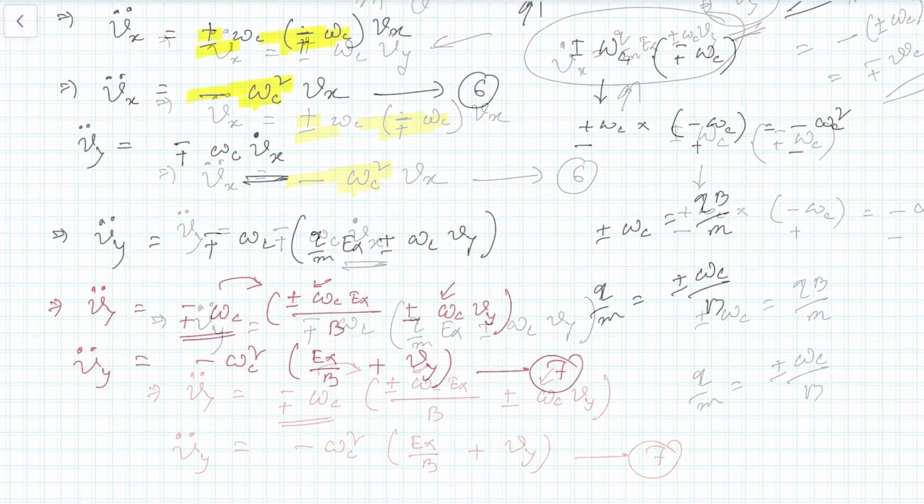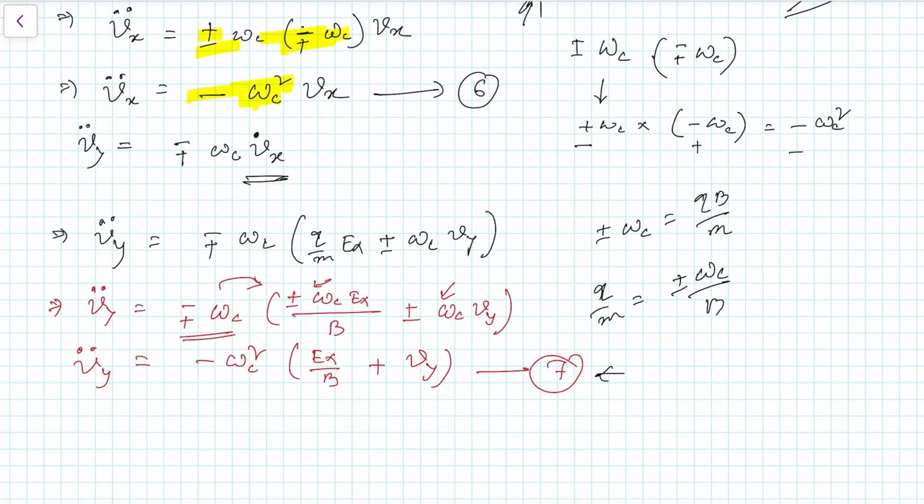Now in this equation number 7, the differentiation of the term Ex by B is equal to 0, as it is constant. That's why equation number 7 can also be written as, here double dot means double differentiation, second order differentiation.